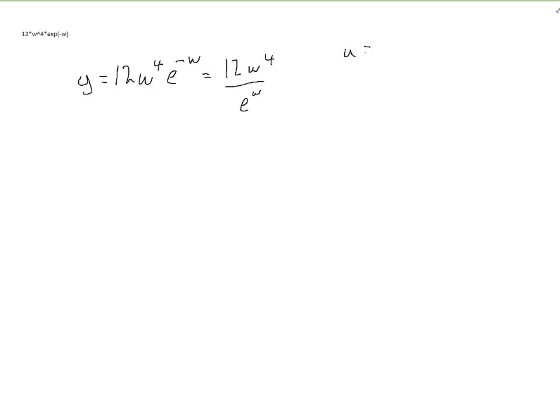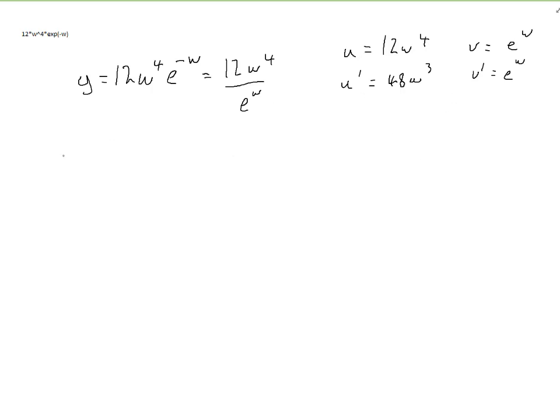So I'd say that u is equal to 12w to the power 4, v is equal to e to the power w, so the derivatives are like this. 48w cubed, and v dashed is equal to e to the power w. Okay, that's better.